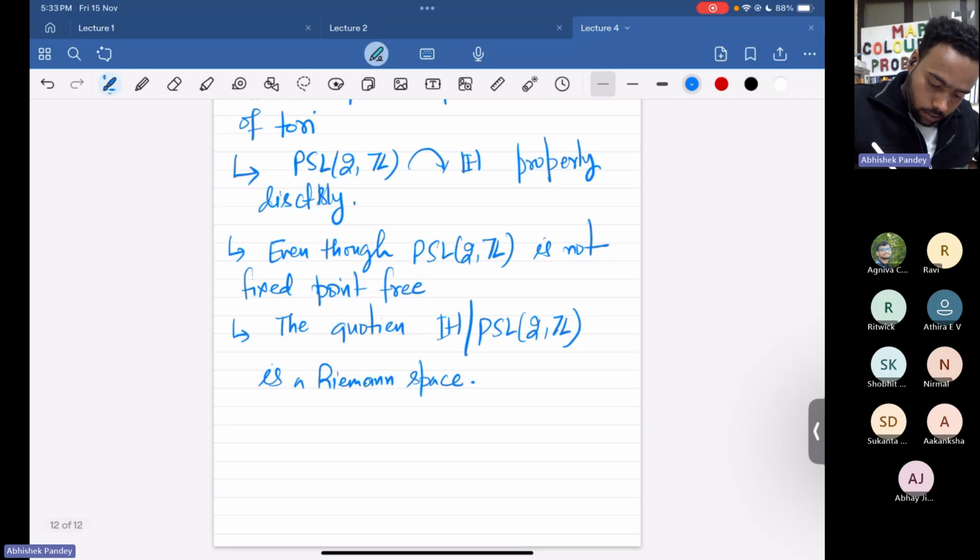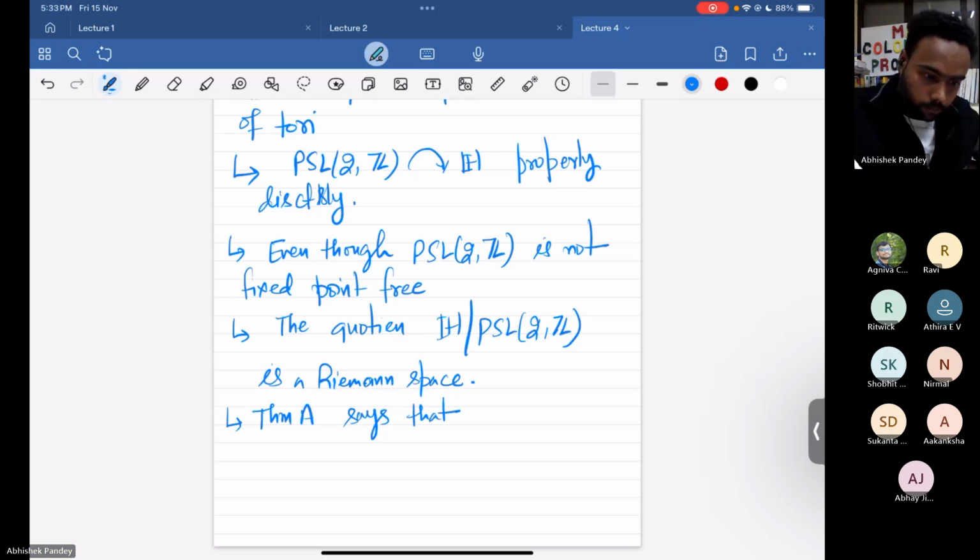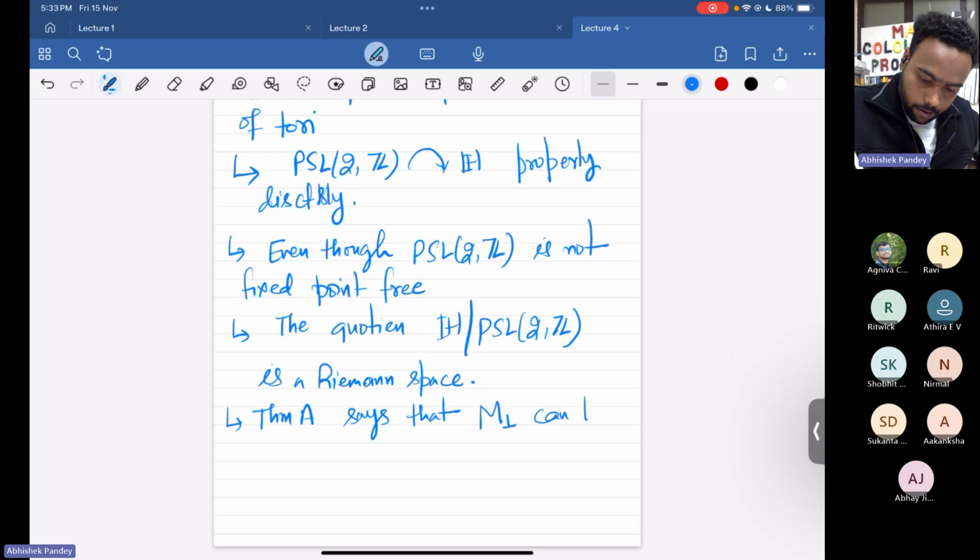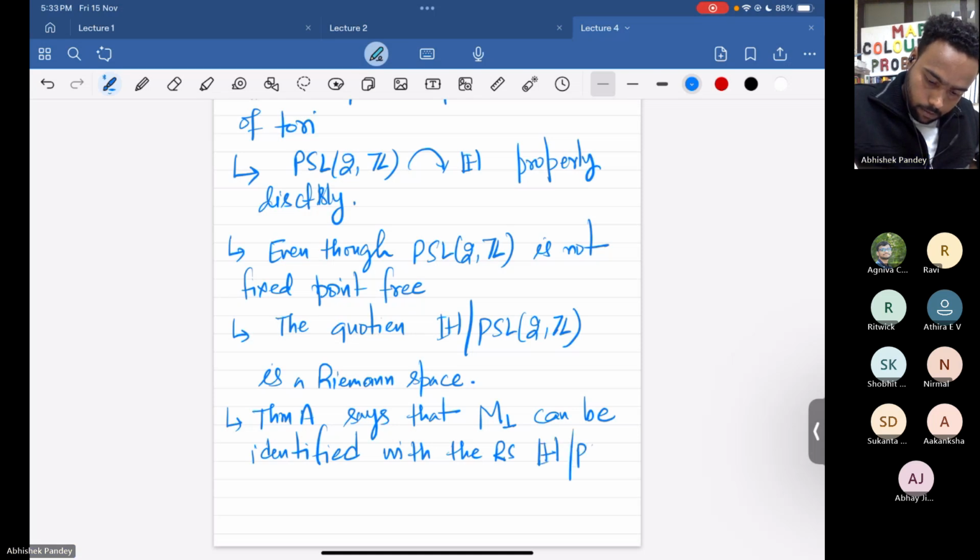So now what does the theorem say? Theorem A says that this modular space M1 can be identified with the Riemann surface, the upper half plane quotient by PSL2Z.